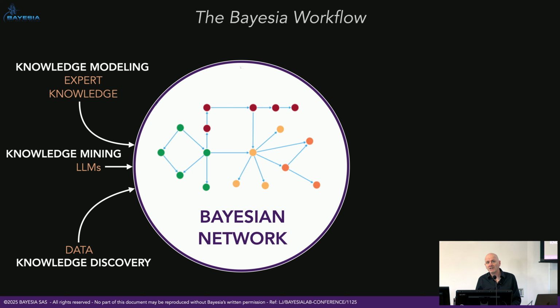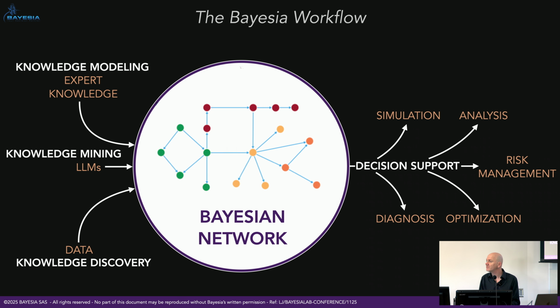Then, obviously, we can also create that manually. This is what we call knowledge modeling, by using expert knowledge. And since 2 or 3 years now, we can do knowledge mining, which means that we are using LLMs and we are extracting the knowledge that is encoded, if you want, in the deep neural network of the LLM for creating white boxes, something that is explainable, right?